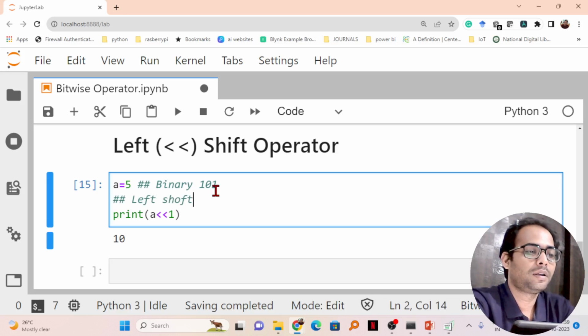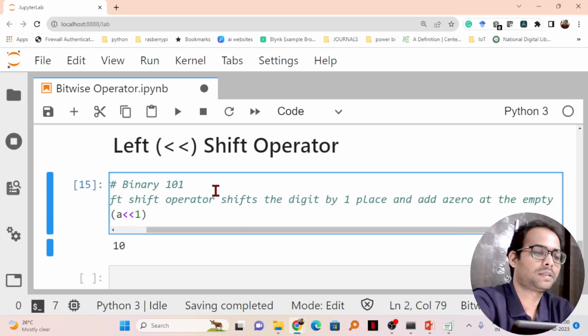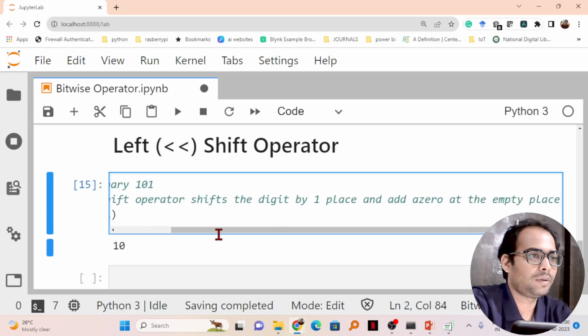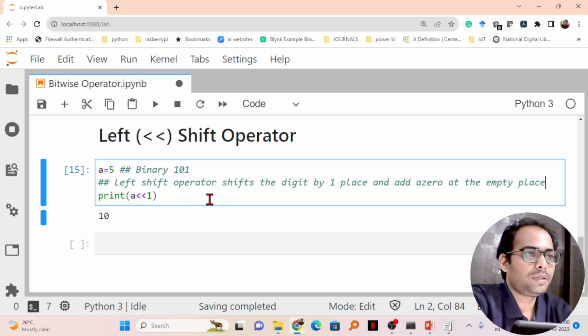The left shift operator shifts the digit by whatever number is given, in this case by one place, and adds a 0 at the empty place. So the left shift operator shifts the digit by one place and adds zeros there.